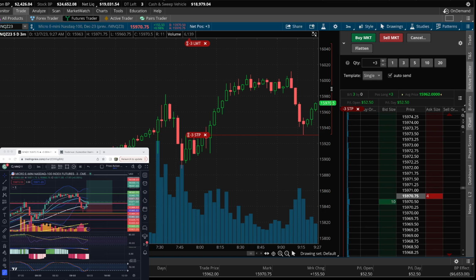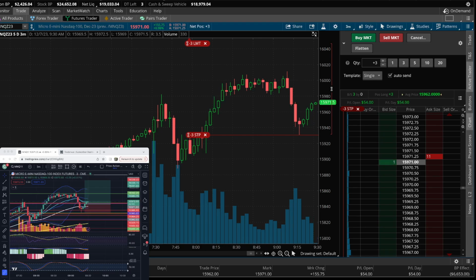So unless we have quick, just massive expansion, in terms of moving my stop into the green, I try to wait for 2 closed candles that have closed above my entry point that don't have any contact with my entry point.